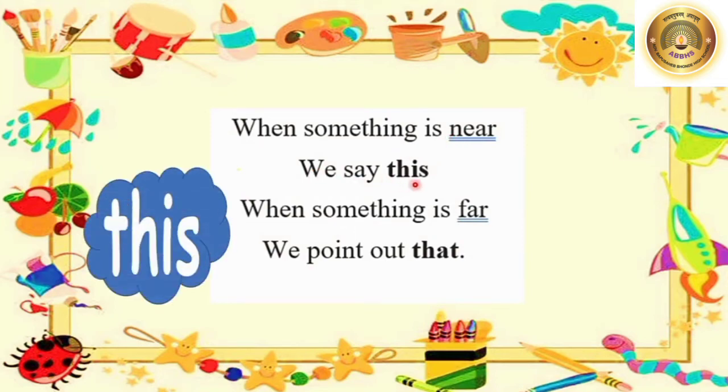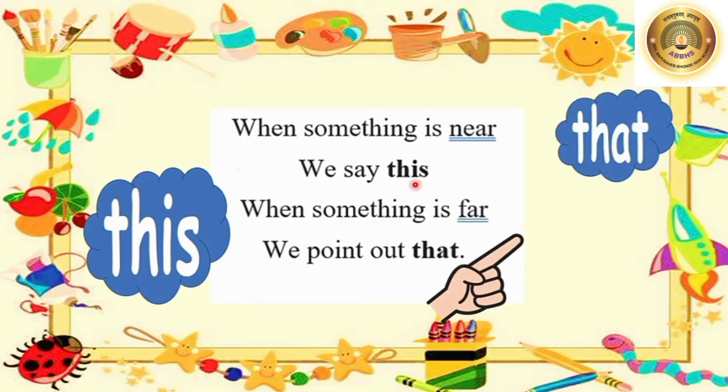When something is far, we point out that. See here, the poet tells us that if the things are near, we use the word this. And when something is far away, we use the word that to point out.